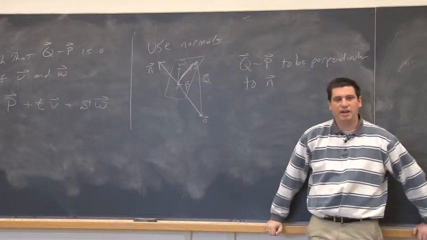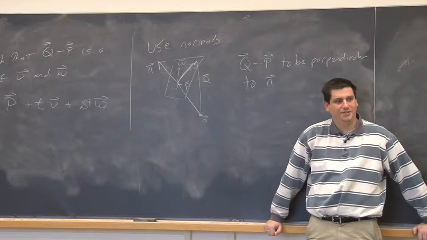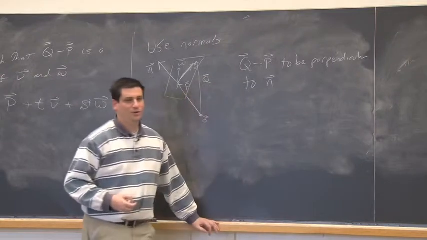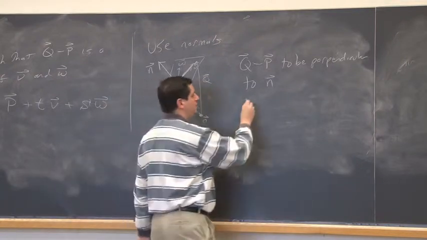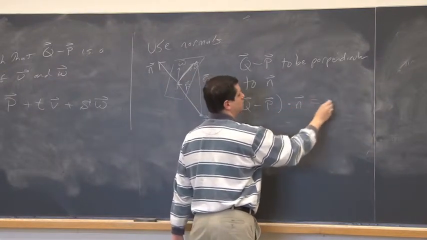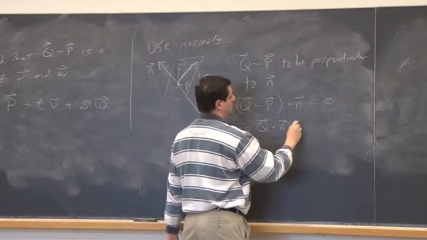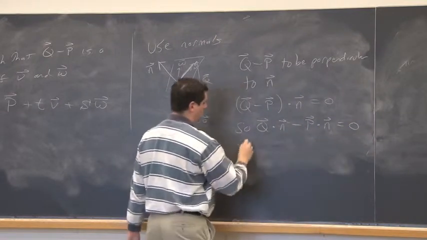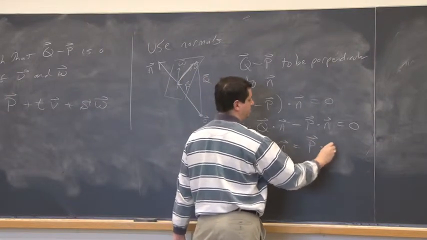All right. Is there any way to figure out when two vectors are perpendicular? Yes. When the dot product is 0. Beautiful. Right? We can now milk all these different facts we have. There's a nice geometric interpretation. So we need Q minus P dotted with n to equal 0. So we get Q dotted with n minus P dotted with n is 0. Or Q dotted with n equals P dotted with n.